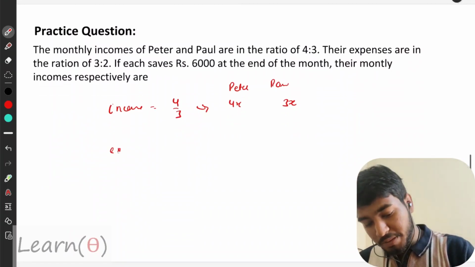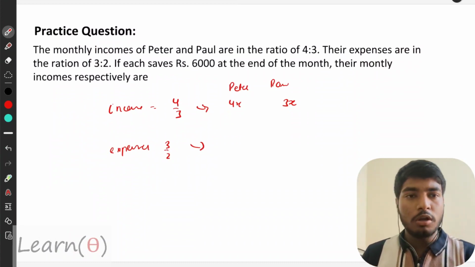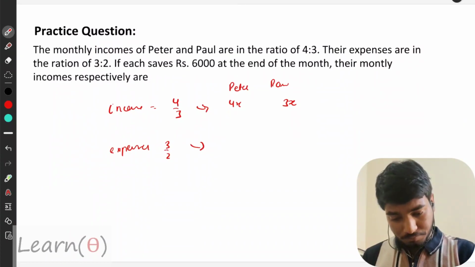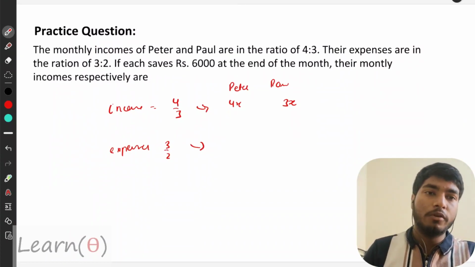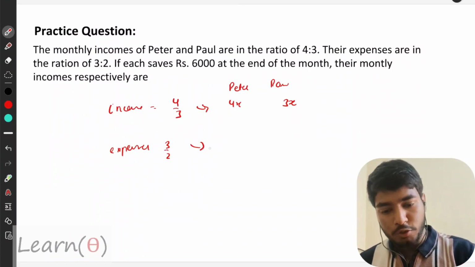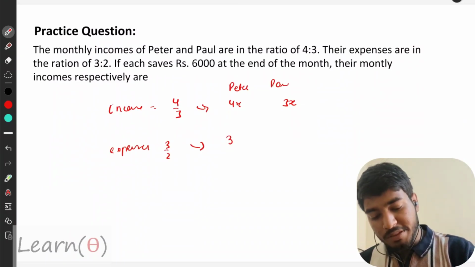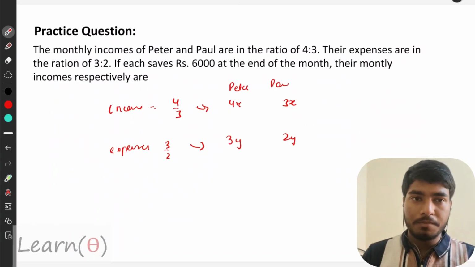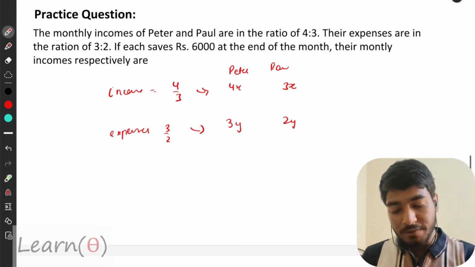What about the expenses? The expenses are given in the ratio of 3 by 2. So can I take common x only? I can't take common x. Why? Common x has already been taken for the income. Therefore, I will have to take a new value, that is y, and the expenses will be written as 3y and 2y. I hope this is clear. What is given to you?